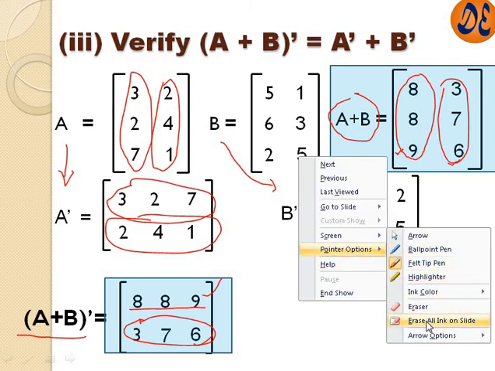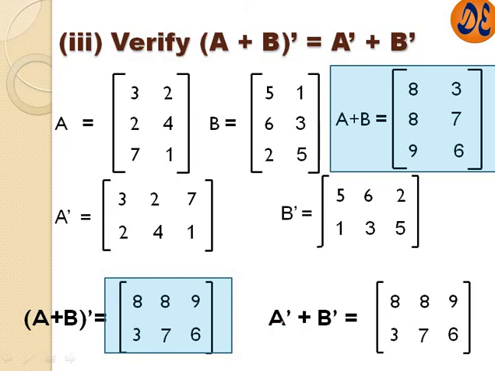Let me clear the ink again. Now, as we have already obtained the transpose of both matrices separately, if we add the two, what are we getting? 3 plus 5, 8. 2 plus 6, again 8. 7 plus 2 is 9.